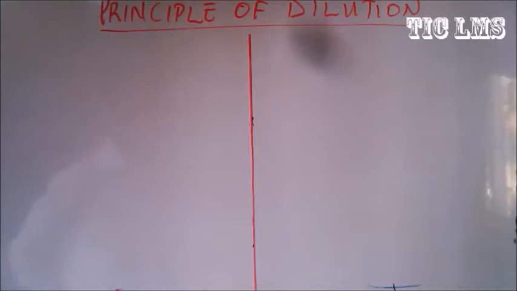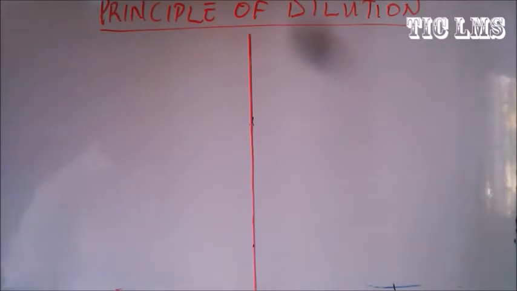We look at the principles of dilution. When we are talking about dilution, we have an original concentration of an acid, a base, or a solution which needs to be reduced to a lower concentration, and so it can be diluted with water.